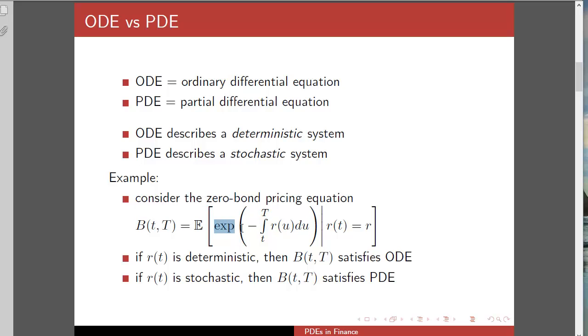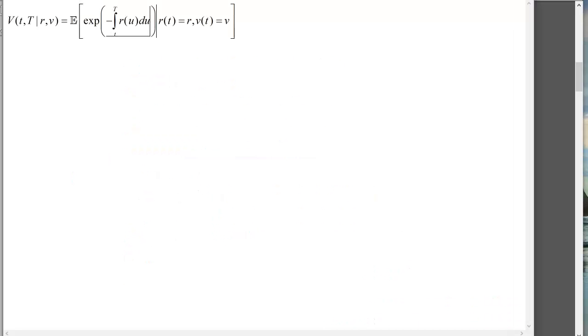Okay, so this would be the expression for the zero bond, and now we need to add the coupons, but we also need to discount the coupons. Okay, and I'm not going to go into more details here, but you need to know that there is another integral here.